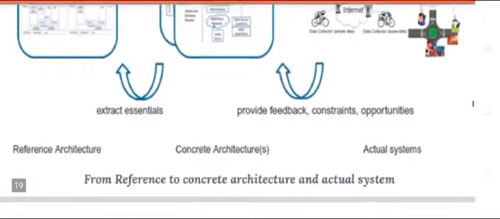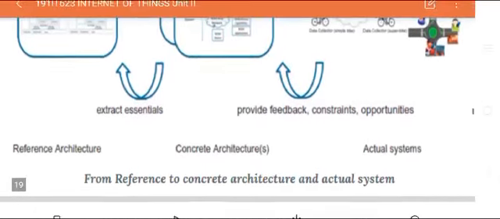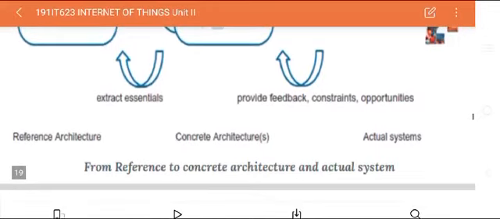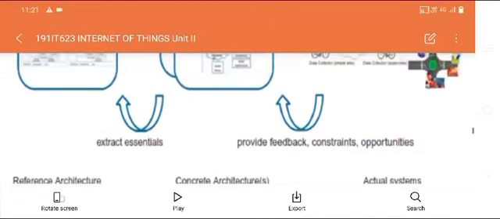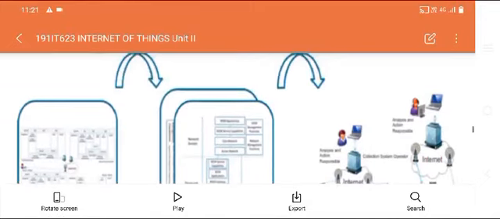This is the main architecture. So from reference to concrete architecture, this is the actual system here. The reference architecture consists of multiple sub-architectures, which are used to extract the essentials, and they are sent to the concrete architecture.